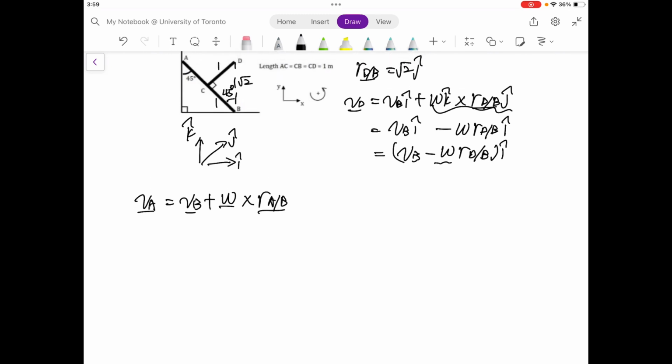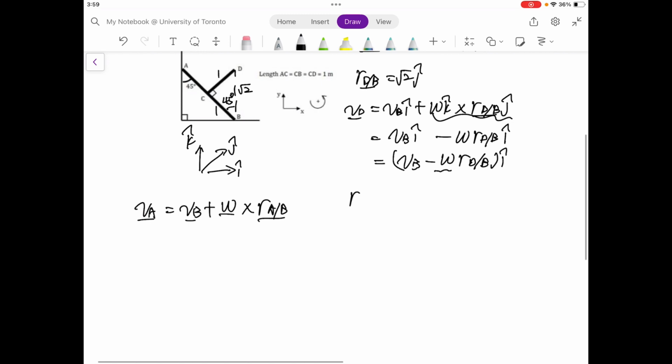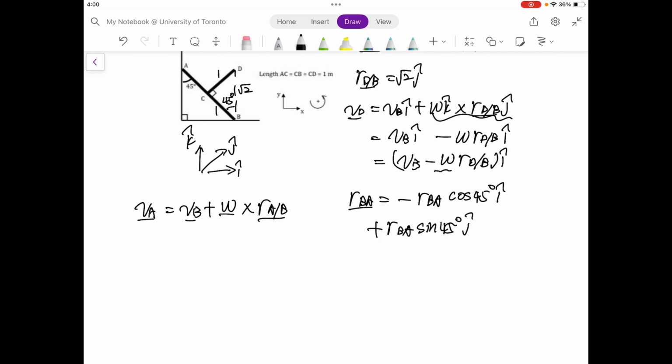According to the diagram, RBA is equal to negative RBA cosine 45 degrees I plus RBA sine 45 degrees J, which is equal to negative square root 2 I plus square root 2 J.